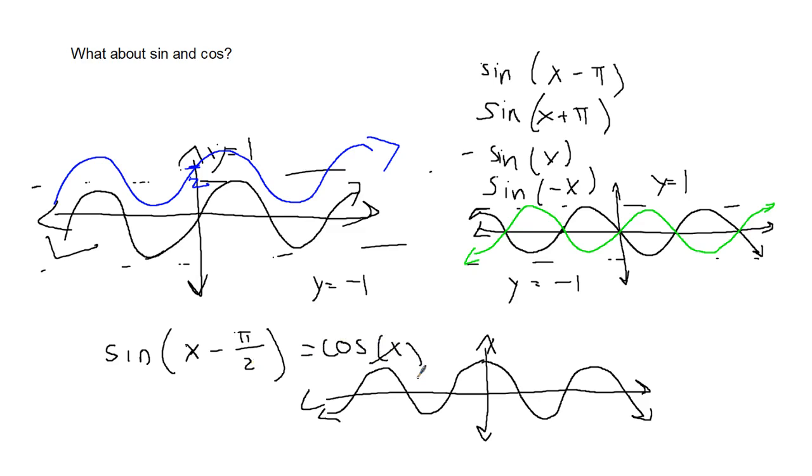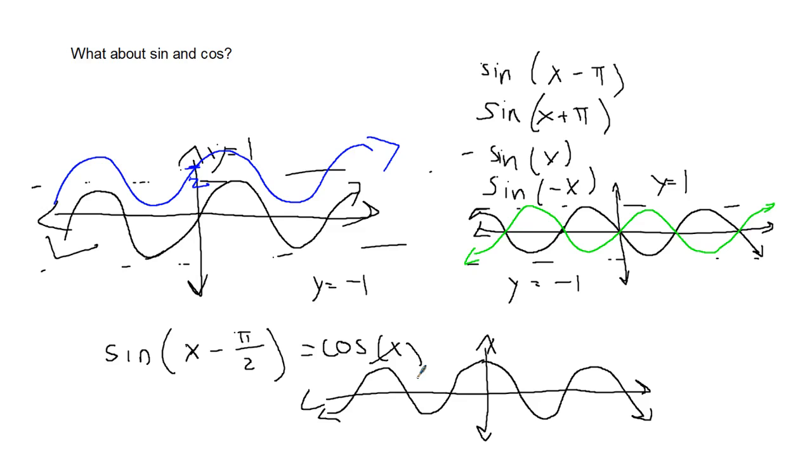Right, so it even works with graphs. I showed you why sine theta minus pi over 2, or sine theta minus 90 degrees, is equal to cosine. Not proved, but I showed you why about a few lessons ago. And this is another way you can view it, right? Sine x minus pi over 2, you just shift it by 90 degrees, and you get cosine of x.